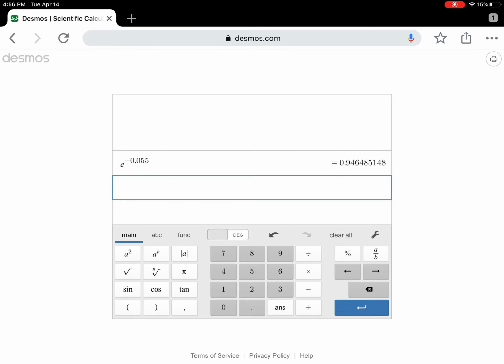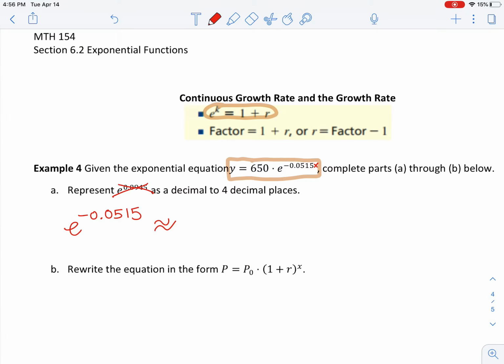Hit enter. So I got the answer to be 0.9465. I'm gonna have to round that. So let's go back and write that down. That is approximately 0.9465. They wanted you to round to 4 decimal places, so that's good.